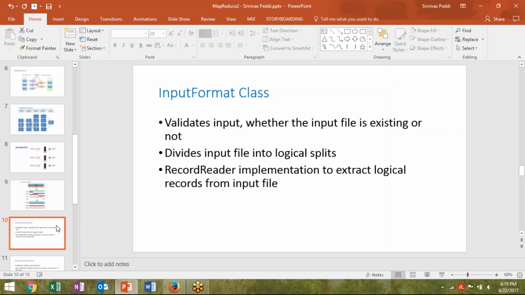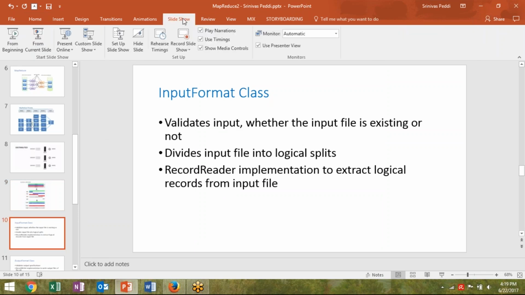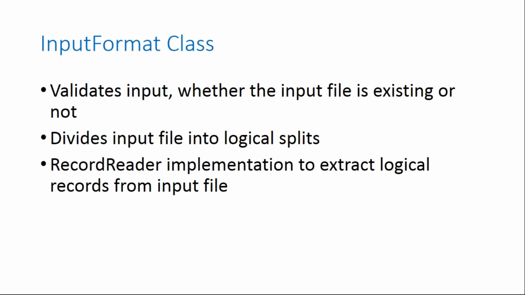But to have an idea, I got this picture, and let's also see the input format class. The input format class is responsible for validating the input data. So when we are trying to run the MapReduce program, it is the input format class which is going to check whether the input path file exists or not.